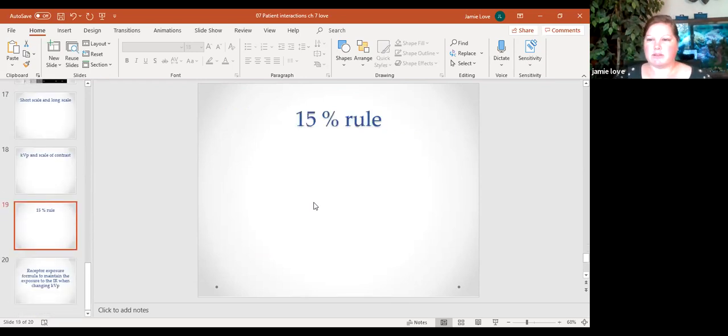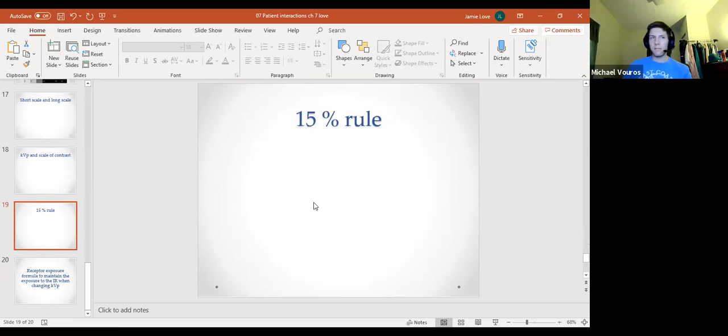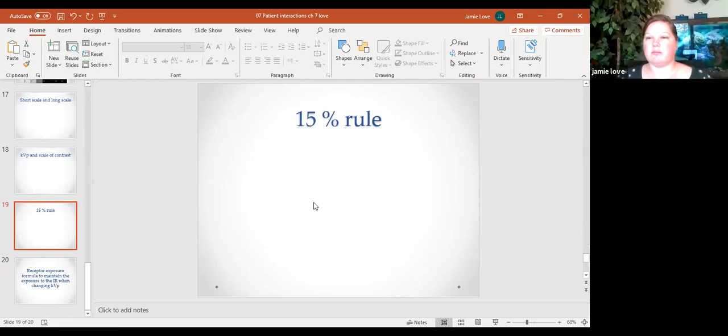So how does the 15% rule play into that? If I increase my kVp by 15%, if you have a calculator, you can do the math. 15% of 70. Let me do it on my calculator.